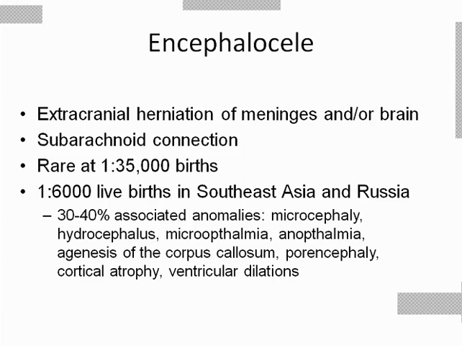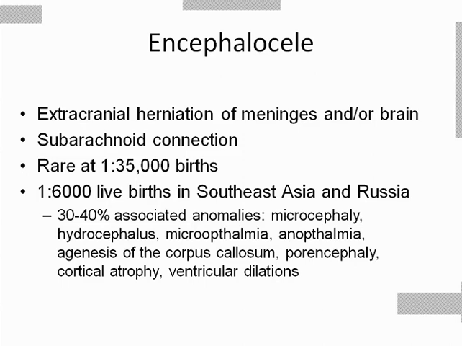It is very rare, and you should have subarachnoid connections here, and it occurs in 1 in every 35,000. But in Southeast Asia and Russia, the incidence is somewhat more, that is 1 in 6,000.